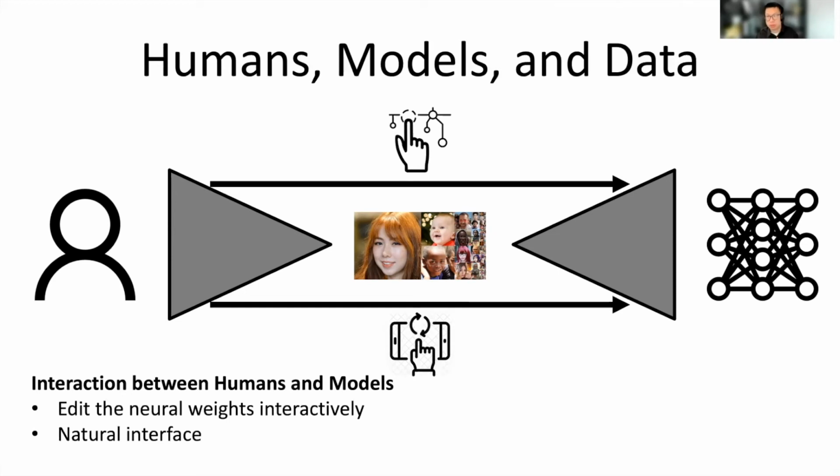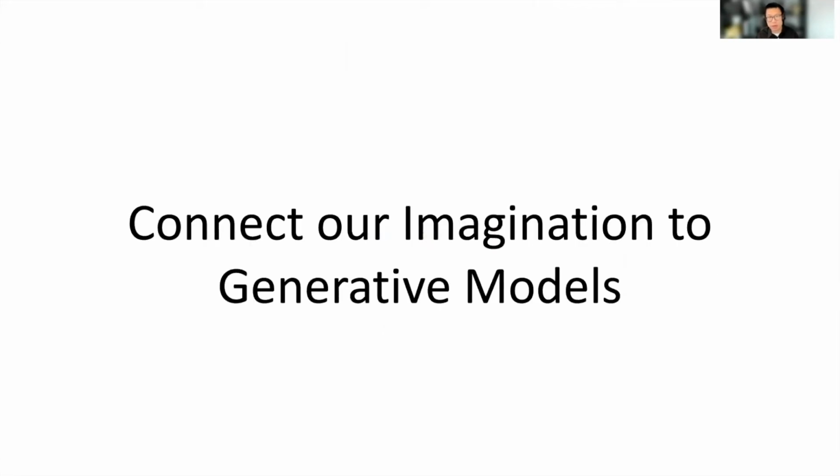We can ask the model what we want to do without collecting a training set. So the idea is, how can we directly connect our imagination to generative models? We need some kind of intermediate medium beyond collecting the training images.